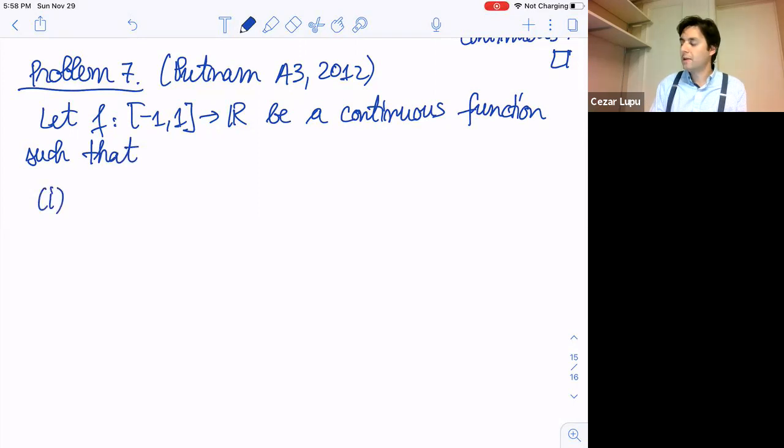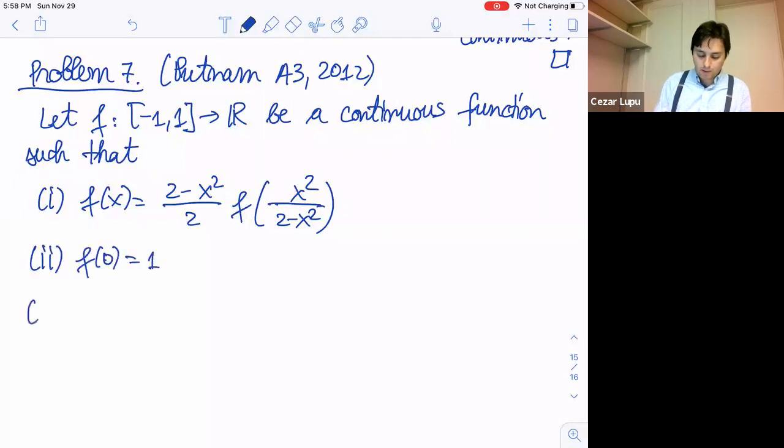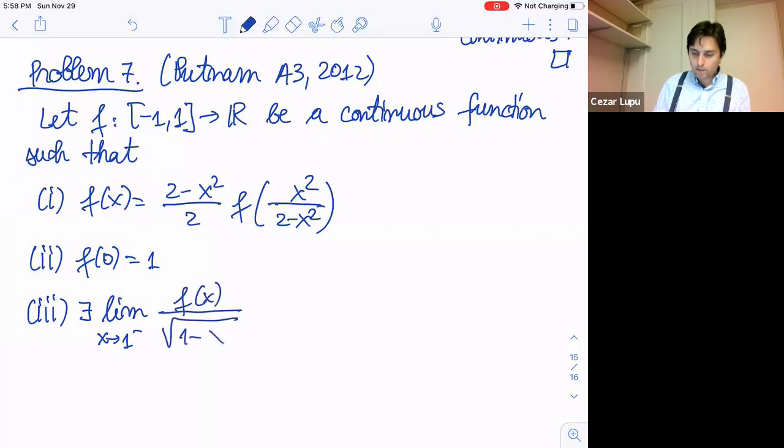The first one was f of x equals (2 minus x squared over 2) times f of (x squared over 2 minus x squared). The second one was f of 0 equals 1. And the third one is that there exists the limit as x approaches 1 from the left of f of x over the square root of 1 minus x.